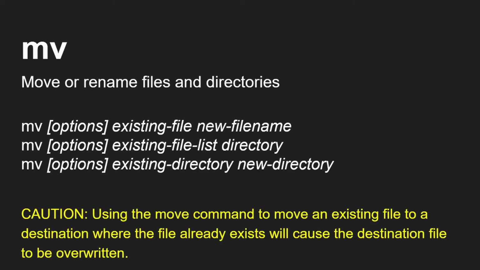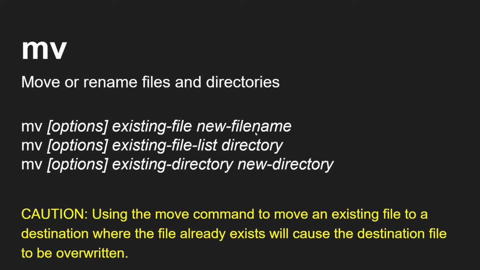The move command mv moves or renames files and directories and has three forms. All forms accept 0 or more option arguments and are used to modify the command's behavior. In the first form, the existing file argument is the name of the file that mv will rename.